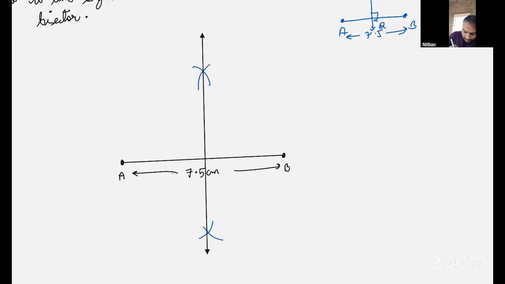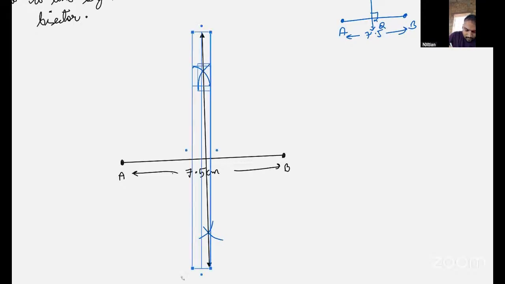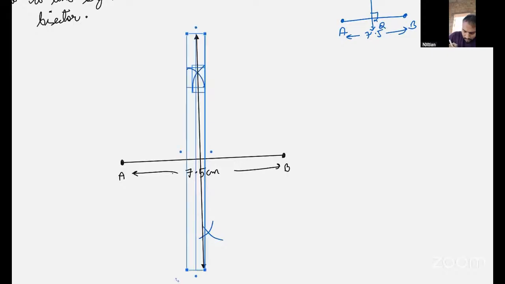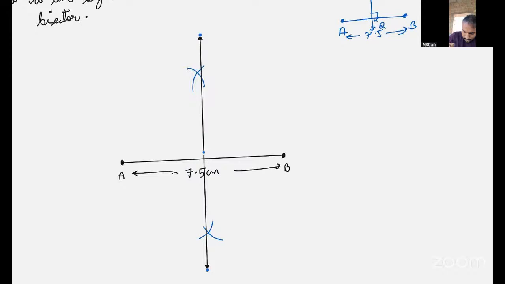So you will get this point. This will be P, this will be Q, and this point will be M.